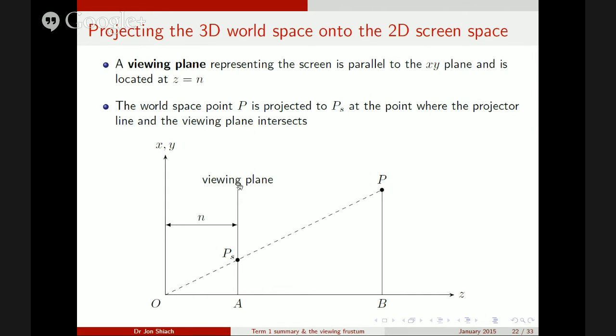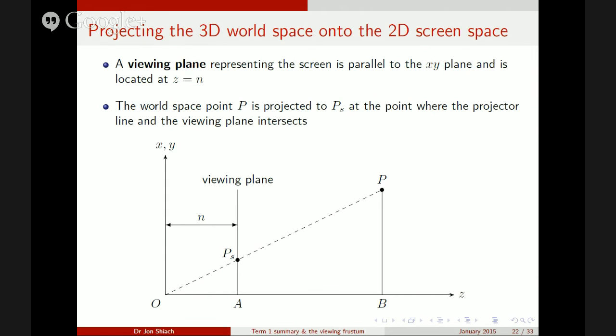Now, if our viewing plane is at a distance n away from the origin, the position of that point P on the viewing plane should be at PS, PS for screen. And that's found by creating a projector line from the origin to our point P, and where the projector line crosses the viewing plane, we have our point PS.